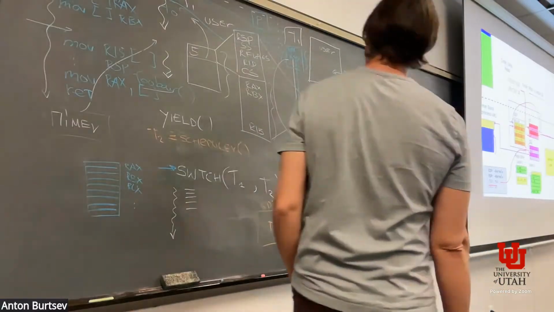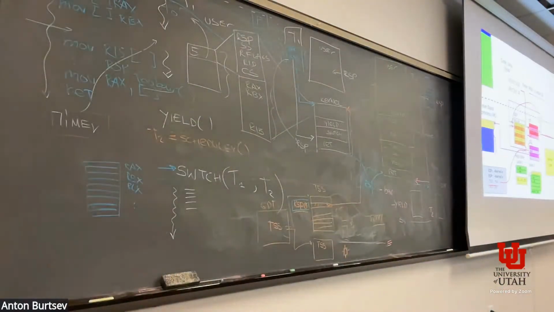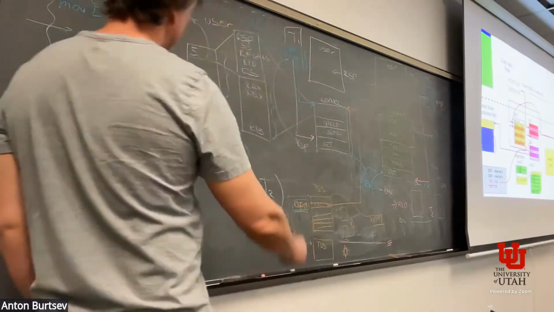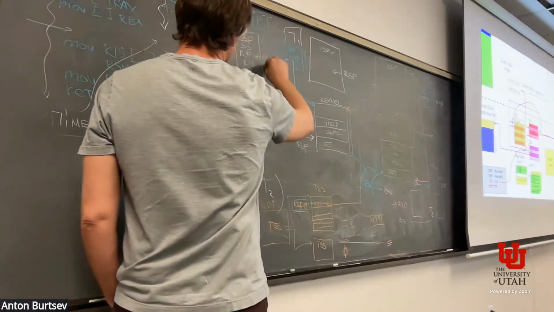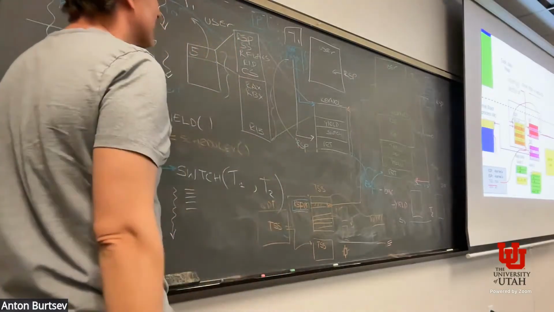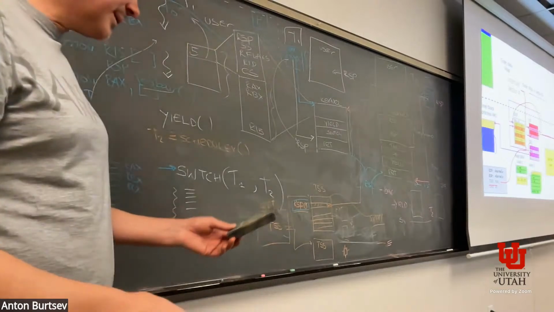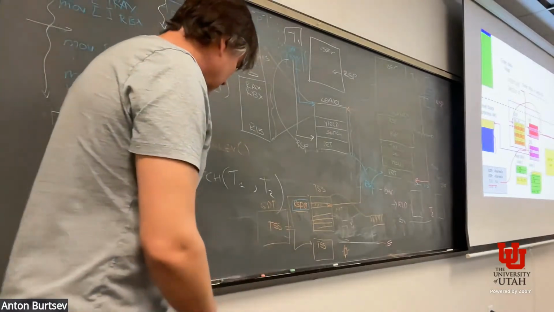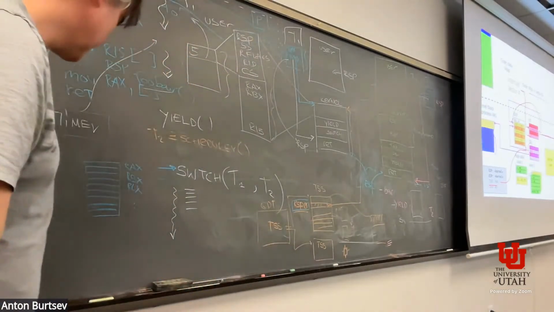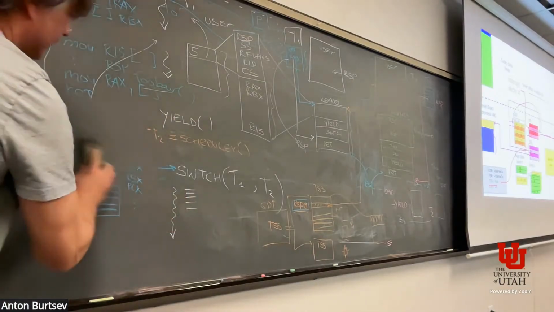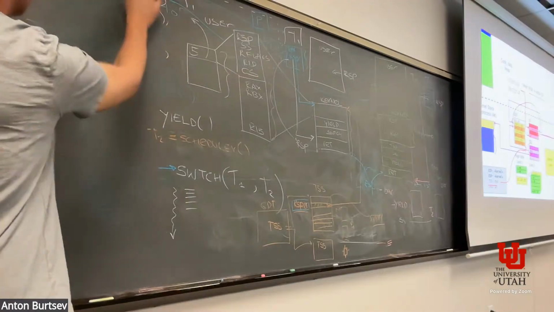No, it's a good question. Roughly speaking, this part is just related to the fact that, imagine the simplest case of context switch. The simplest case is that, let me just, I need some space here.